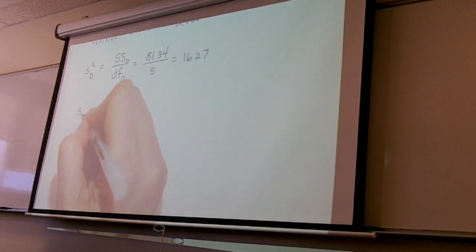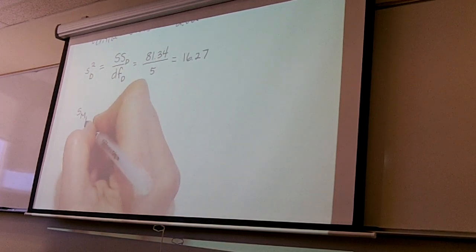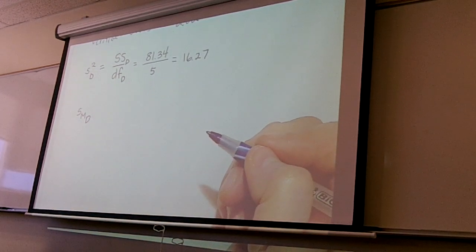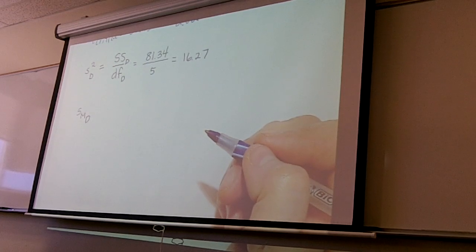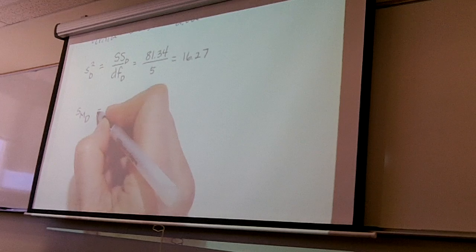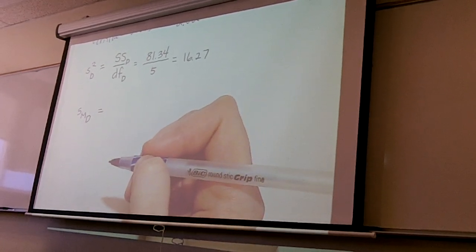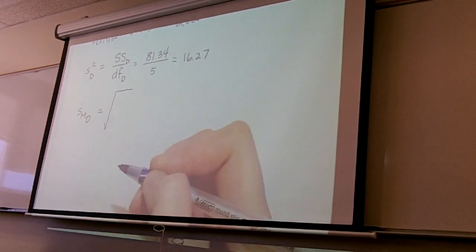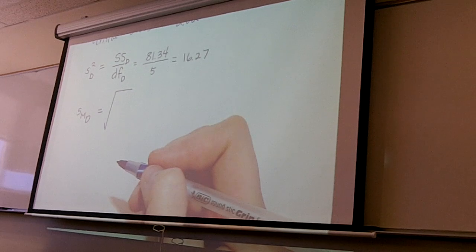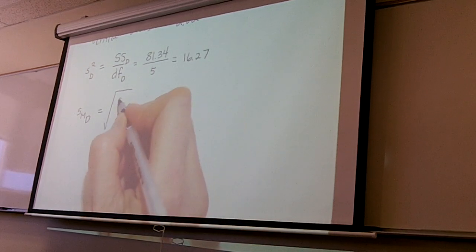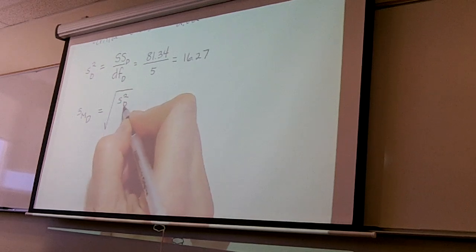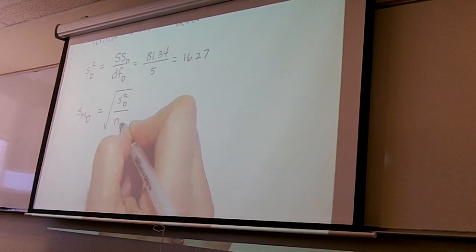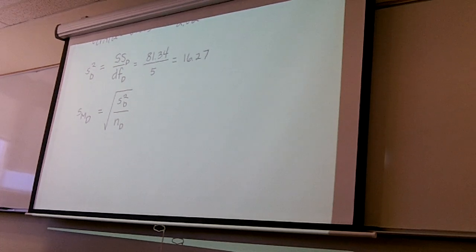So we're going to do the estimated standard error of the difference, sometimes referred to by my students as SMD. We can do this one of two ways, but the easiest way has the square root in there again, because that's how we get estimated standard error. We're going to take the sample variance of the difference and put it over the sample size of the difference. You could almost predict that from what we did last time. In fact, you totally can, because the formulas are all related.